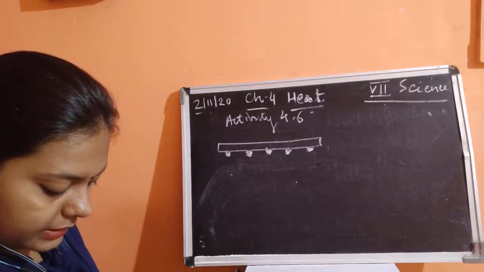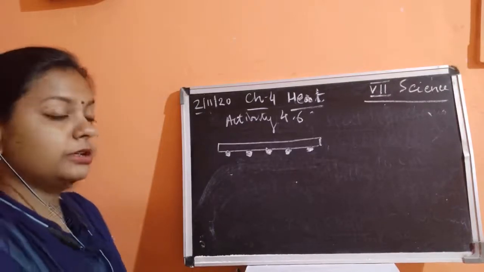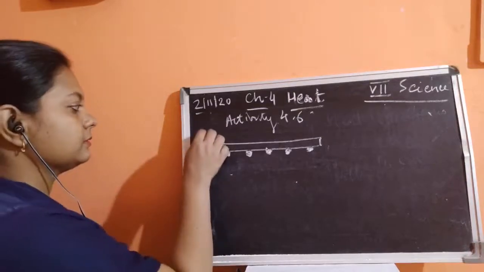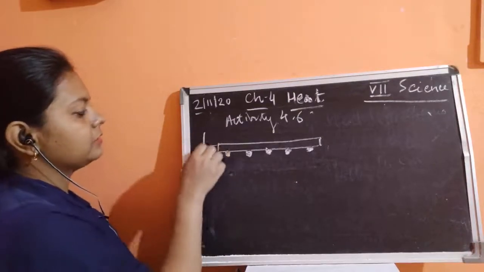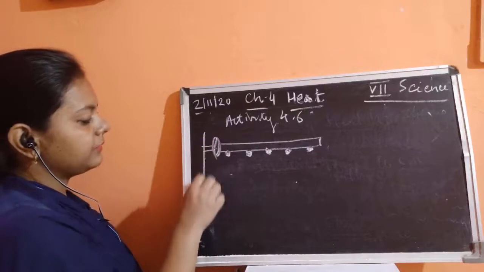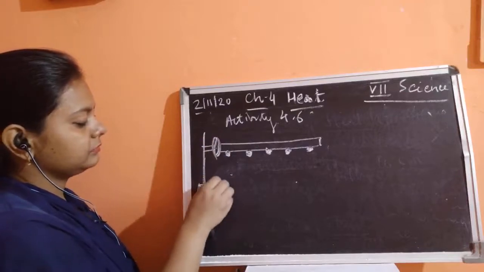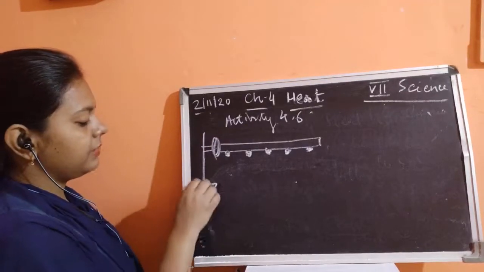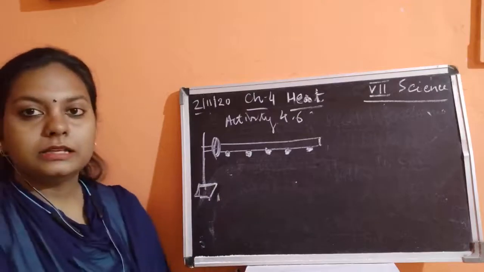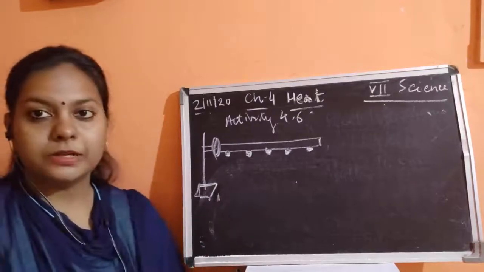If you don't find the stand, you can put two bricks. We can clamp it somewhere. ठीक है, रॉड को हम कहीं बांध देंगे, क्लैम्प कर देंगे.